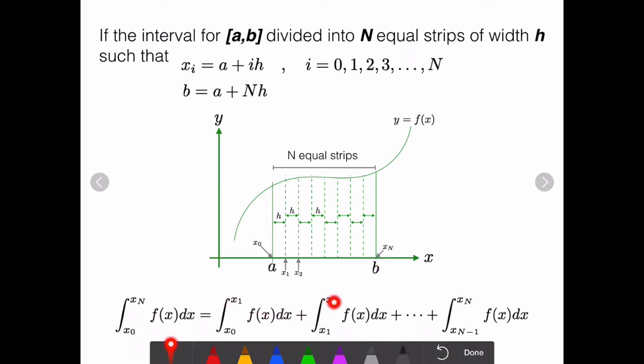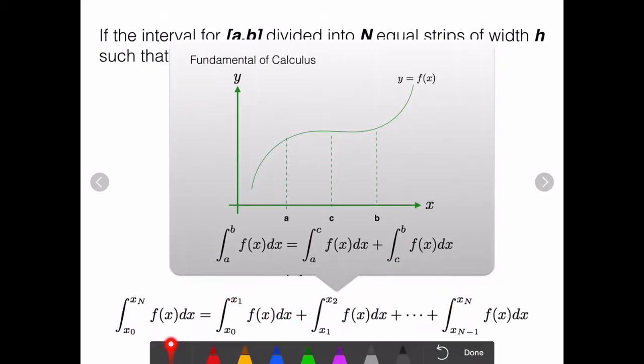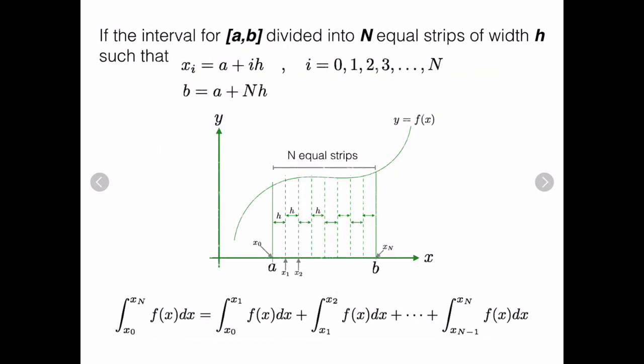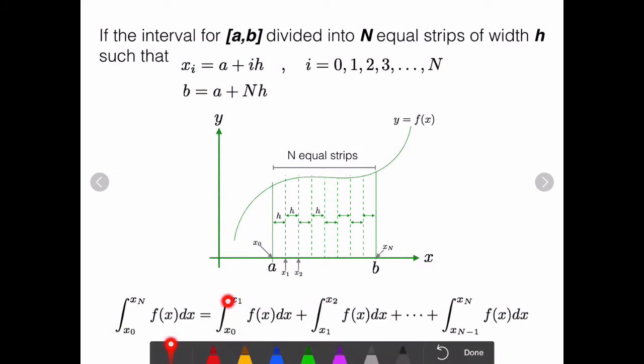How do we get this actually? It's based on the fundamental theorem of calculus. It means that if you have c in the middle of a and b, just in between, the integration from a to b you can split into two like this, and the value of this integration will be the same. This is the reason we have this, because x0 to xn is basically just from a to b here.